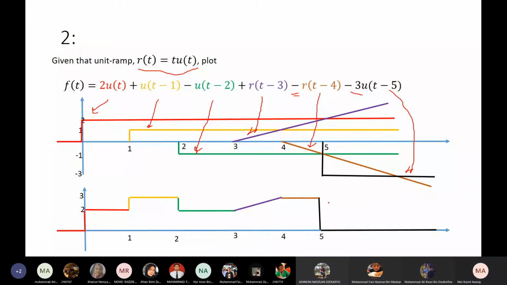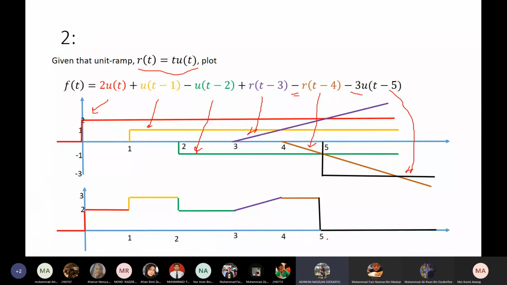But the amplitude is still 3, because 2 plus 1 is 3, and then minus this one, and also this other ramp up, so it has a value of 1. So it becomes like that. Then the last one, minus 3. So this is the resultant signal.